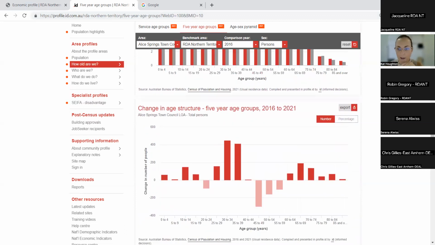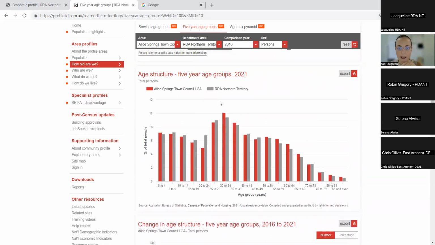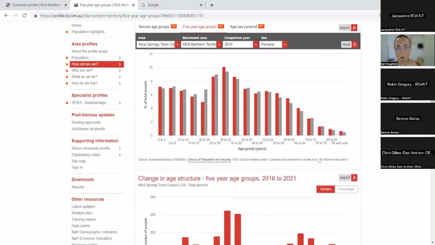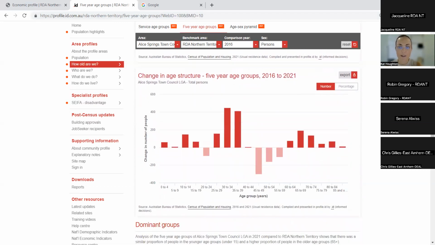So this is really important for us to say, okay, what is our dominant population in our community, which is sort of our 25 to 40-year-olds. What we want to have a look at here is how the population is changing. And we can see still growth through here, through our 30 to 40-year-olds, but we are also seeing small amounts of growth in our 60 plus, which is our retiree, early retiree, latter part of the workforce type population.